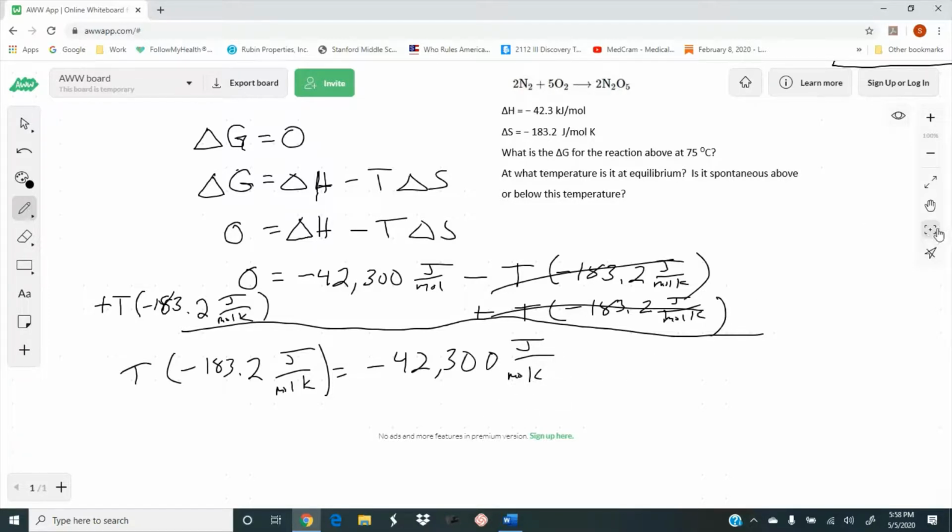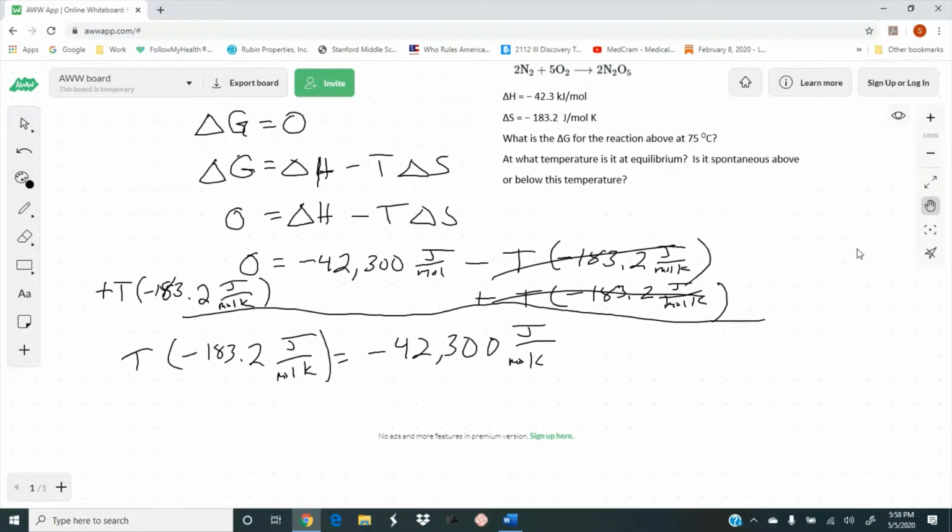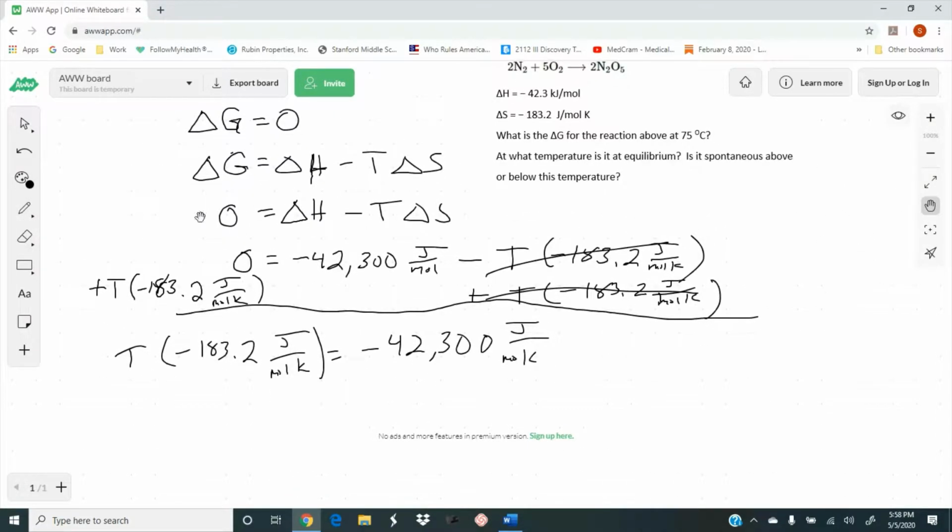Okay. So once again, the only variable I have here is that T. So let's solve for it. I'm multiplying it by negative 183.2, my delta S. So divide both sides by 183.2 joules per mole Kelvin.